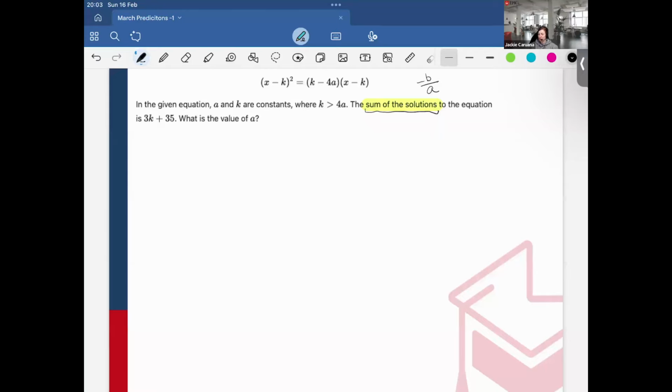So first I'm going to expand these brackets, and friendly reminder, make sure you always expand the parentheses. Never distribute the square to the terms. I know that you probably know that, but just saying to be careful. Okay, so when we expand, it'll become x squared minus 2kx plus k squared, and then that would be equal to minus k squared.